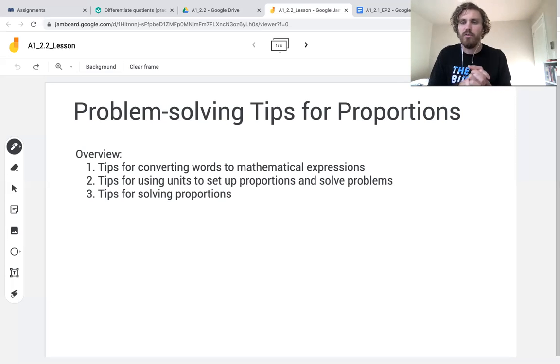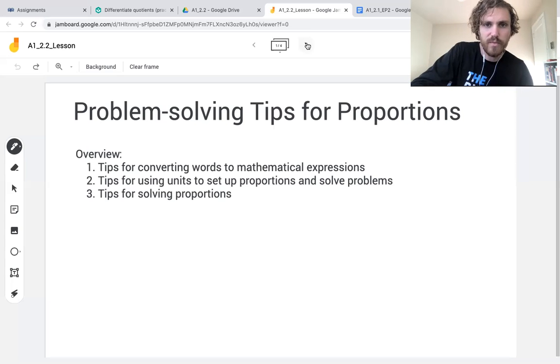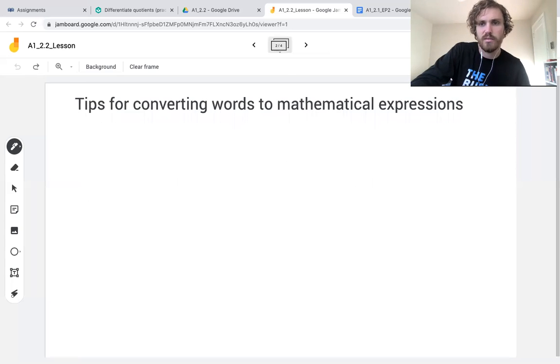They all involve units, teaspoons and milliliters and feet and seconds, these units that make the numbers make sense to us. And then finally, when solving proportions, I've got some mathematical truths and tips that are going to help you there.